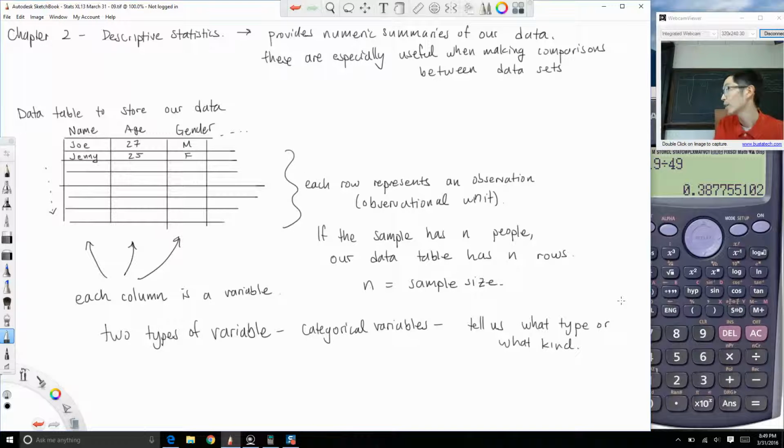And we also have numeric variables, that tell us how much or how many.